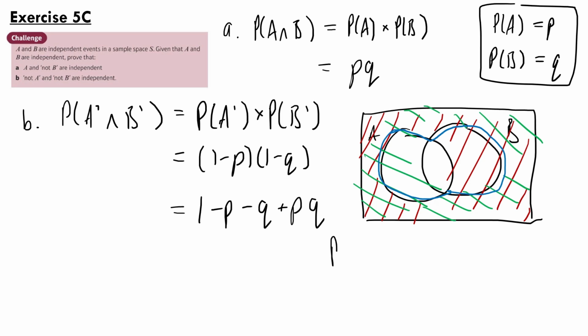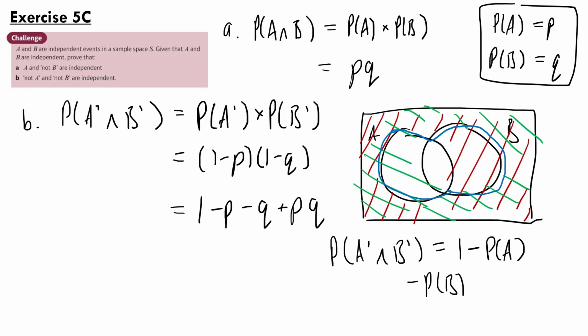So we have the probability of not A intersection not B is equal to everything, so 1, minus the probability of A, minus the probability of B, but that means we've taken away this little intersection point twice, so we need to add that back on.